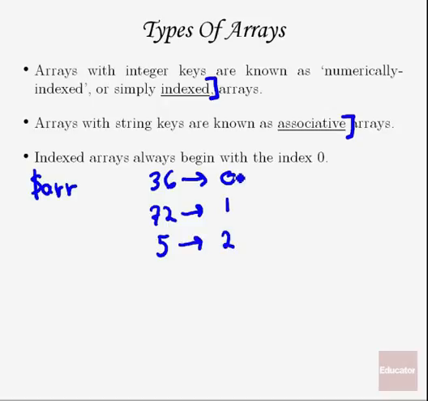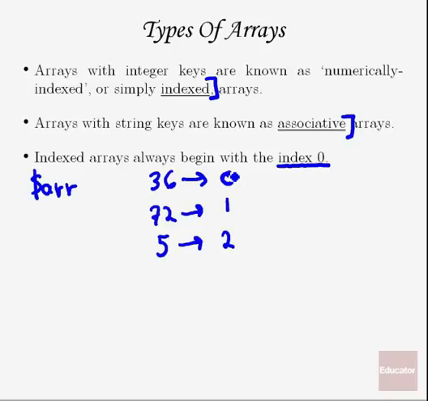The reason I use 0 is that indexed arrays always begin with the index 0. So if you define an indexed array, the way you access the first element or piece of data that you've added to that array is using the key 0. And we're going to learn about the syntax in a second about how to do that.